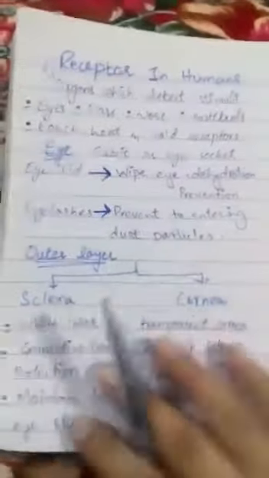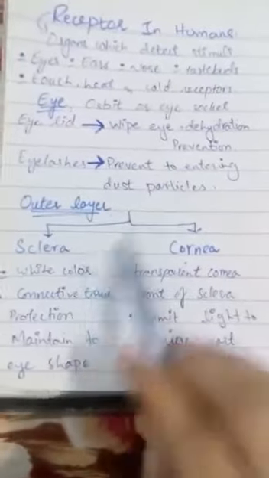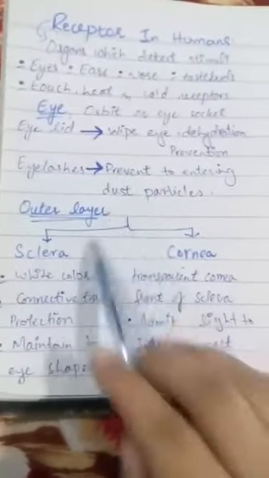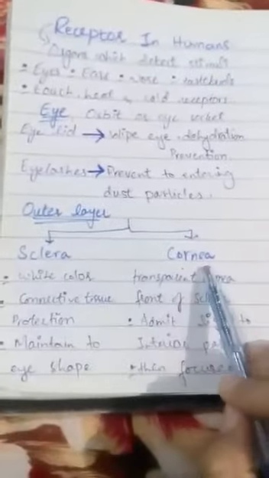Then the eye is further divided into three layers: the outer layer, middle layer and inner layer. Firstly we discuss the outer layer. The outer layer of the eyeball consists of two components, the sclera and the cornea.